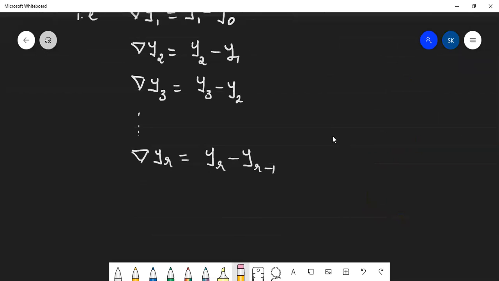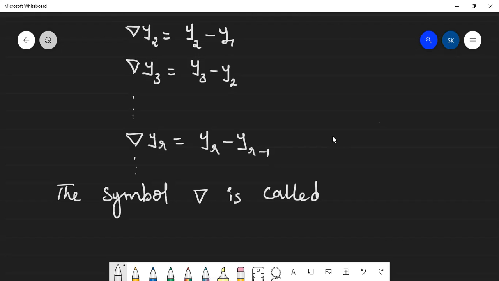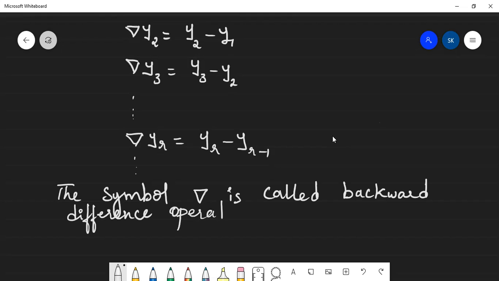This symbol, backward delta, is called the backward difference operator. This symbol was called the forward difference operator. Now this symbol is called the backward difference operator.